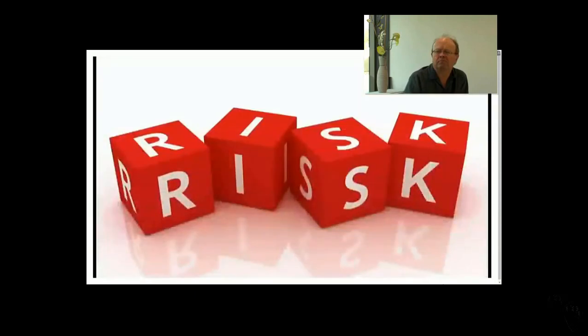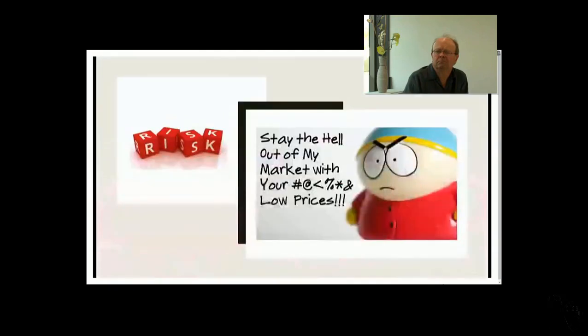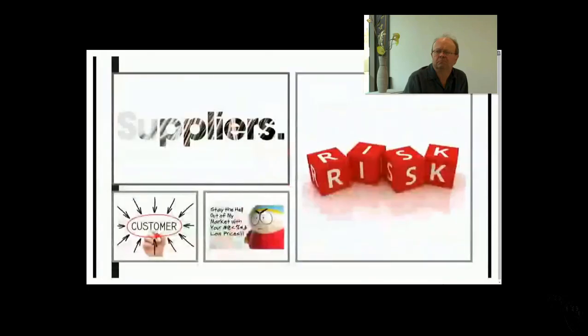The operations of each firm will have their own unique risks. A firm will face potential risks such as risks in its markets from the actions of competitors, customers, and suppliers.